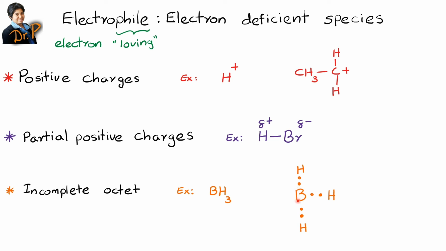Because of that, we can call this boron electron deficient. And because of that, this boron will seek electrons. This boron loves electrons because it has the ability to acquire 2 more electrons. So in that case, incomplete octets can also be identified as electrophiles.